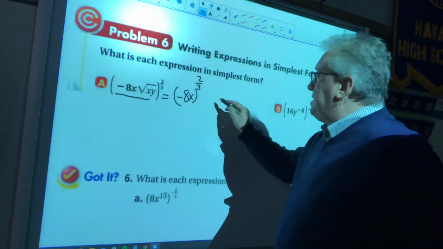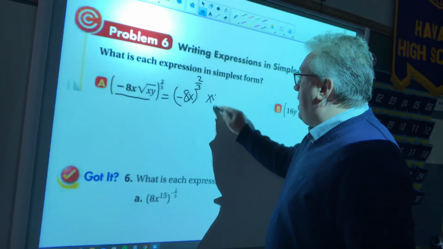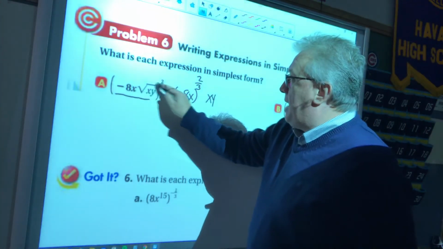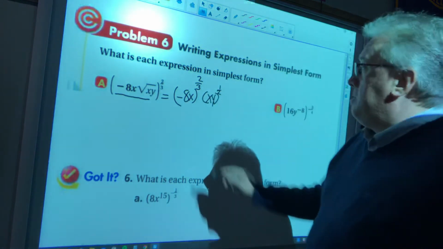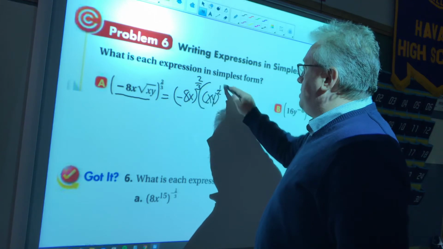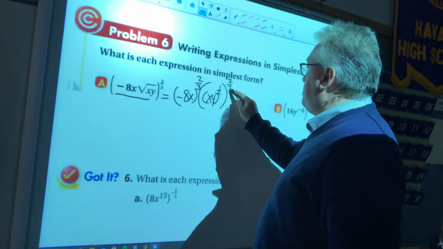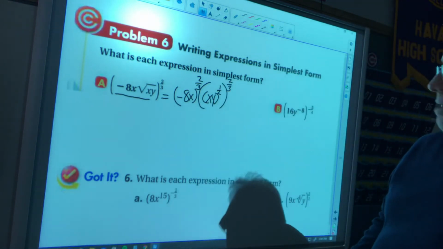Now we've got xy. Well, it's got a radical here, so that is to the 1/2 power. But then that is also raised to the 2/3 power. Okay, see that?